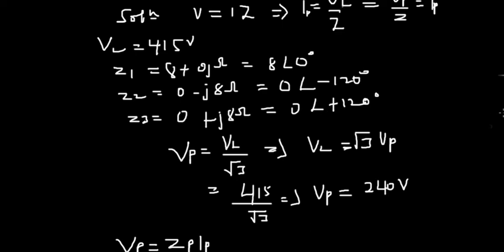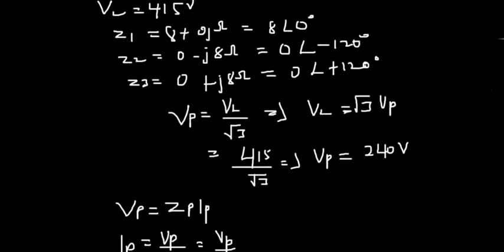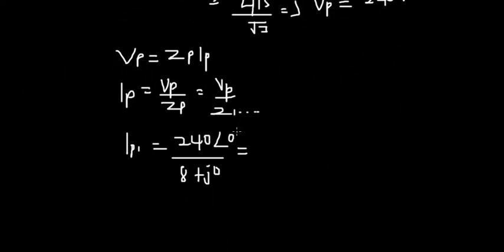So for Z1 we have the voltage with an angle of 0 degrees. When you compute this, you end up with 30 and an angle of 0 degrees. Let's move on to IP2.